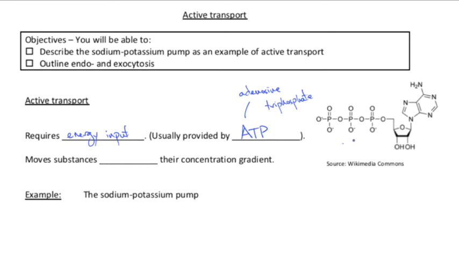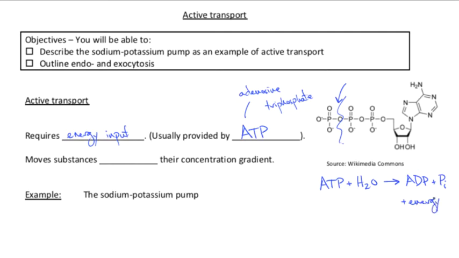energy storage. And that's because breaking the bond between the second and third phosphate, when you combine it with water, releases energy. The reaction of ATP and water, in other words, the hydrolysis of ATP, to ADP, adenosine diphosphate, splitting off that last phosphate, which we write as P sub I for inorganic phosphate, releases energy.